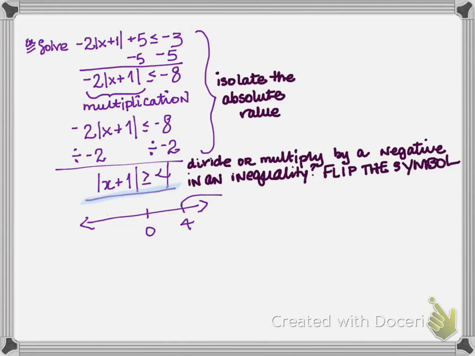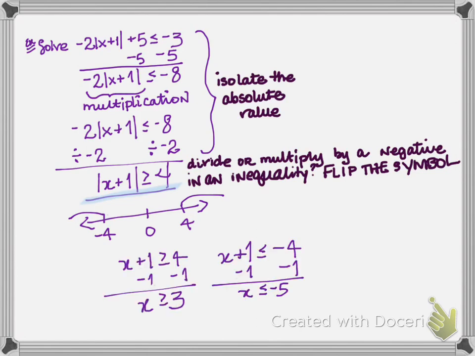So it's either greater than 4 or less than negative 4, because it's got to be more than 4 away. That is not my answer. I'm going to show you my answer now. But this is the piece that people are getting tripped up on.